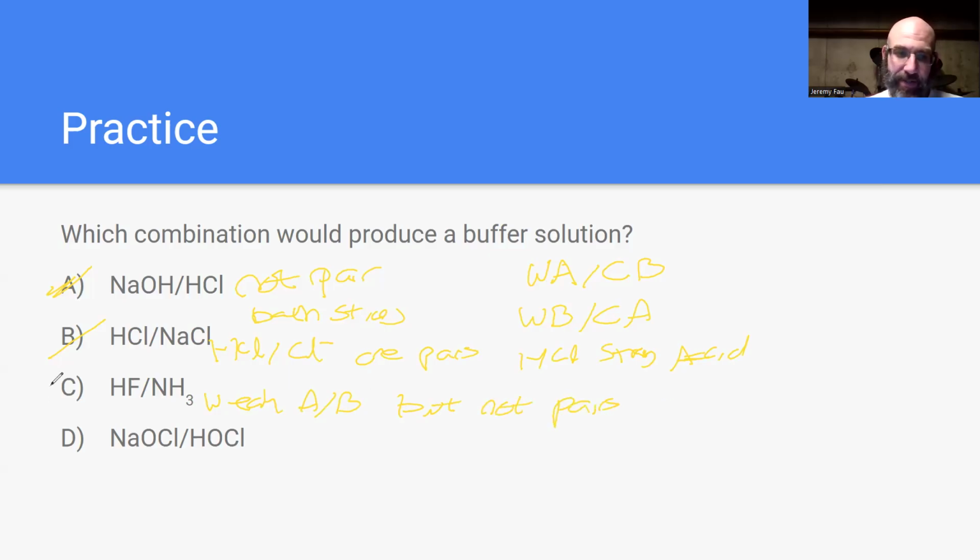They're not conjugates. So no. D works because we have the OCl minus ion and we have HOCl. That is a base and its conjugate acid, or you could write conjugate base and acid.